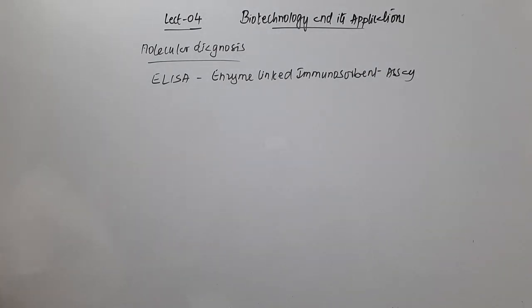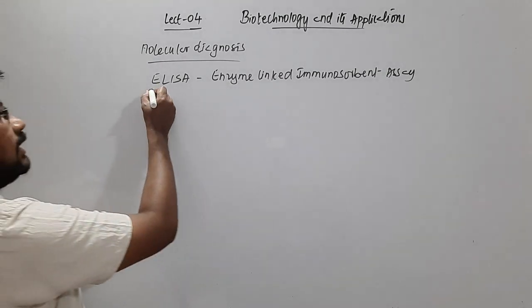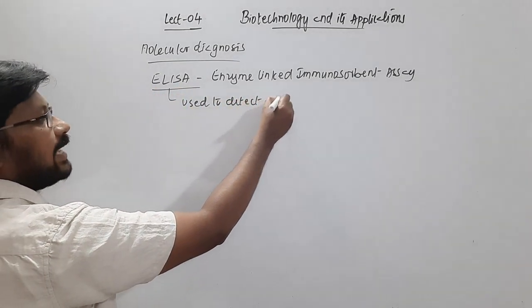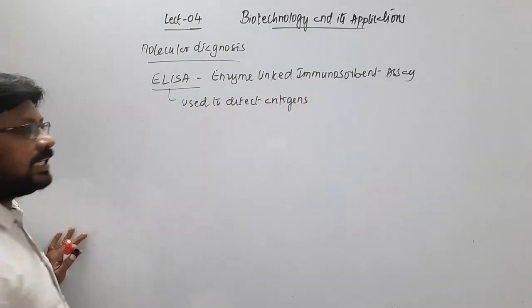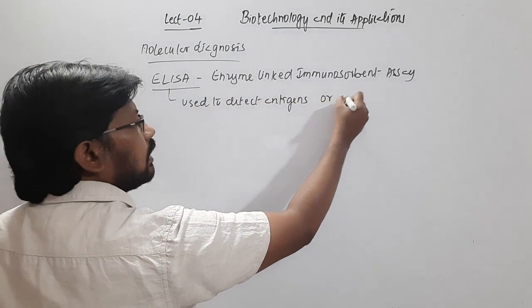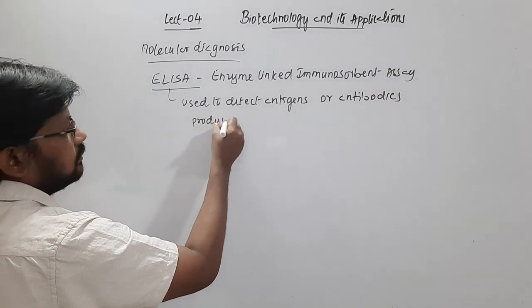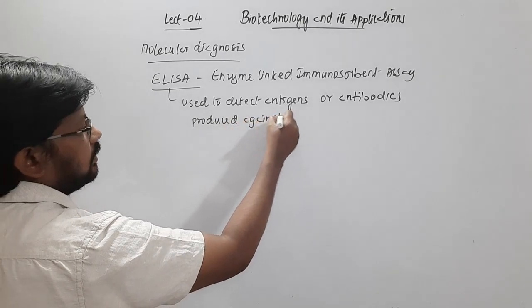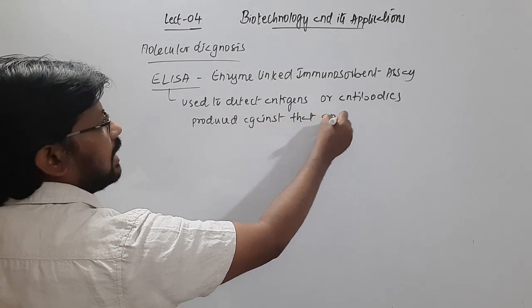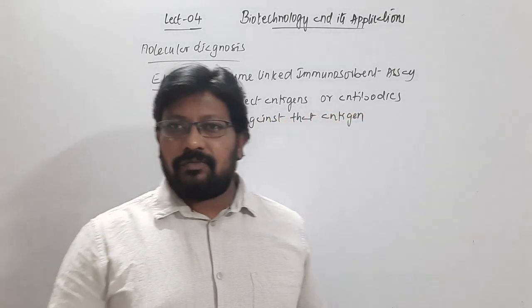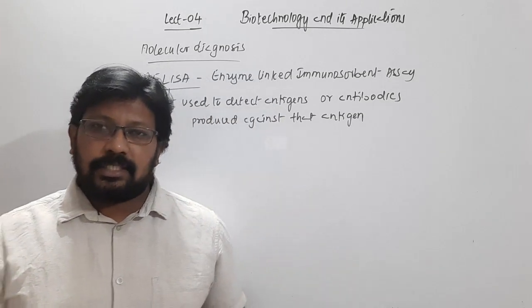So the full form of ELISA is enzyme linked immunosorbent assay, right? And this ELISA is used to detect antigens, or antibodies produced against that antigen.